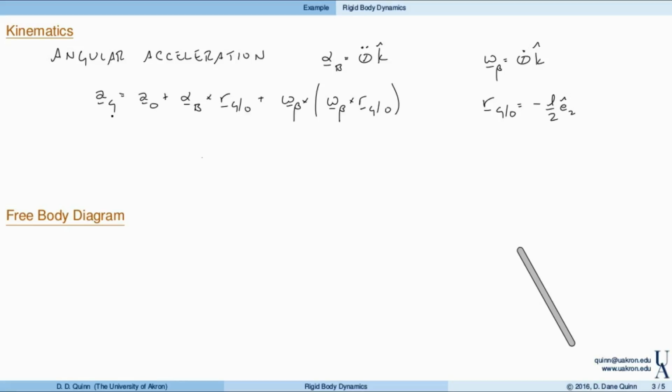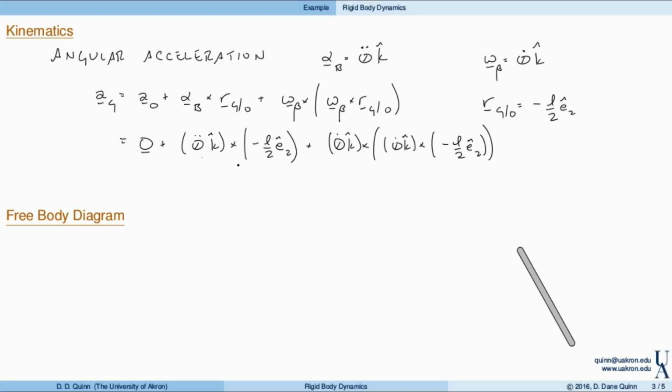So now taking these and inserting them into this equation, we have the acceleration of G is 0 because that's the acceleration of the pin, plus theta double dot in the k direction cross minus L over 2 E2, plus, and then omega cross omega cross r. So that's theta dot k, another theta dot k, and then minus L over 2 E2.